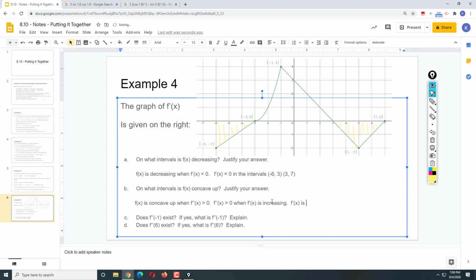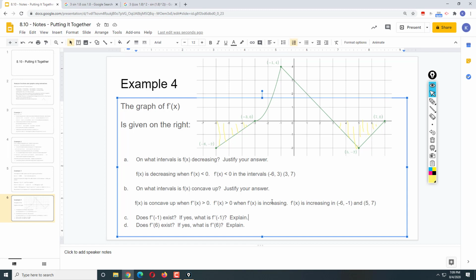Our first derivative is increasing in the intervals -6 to -1, and also 5 to 7. Because the first derivative is increasing, f of x is concave up.